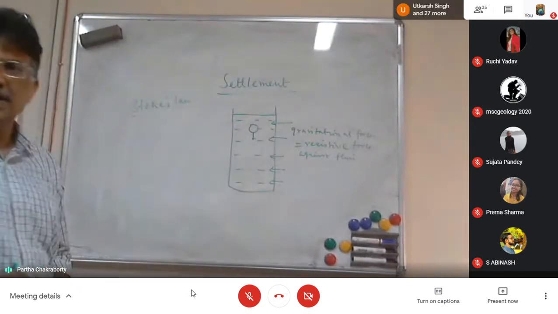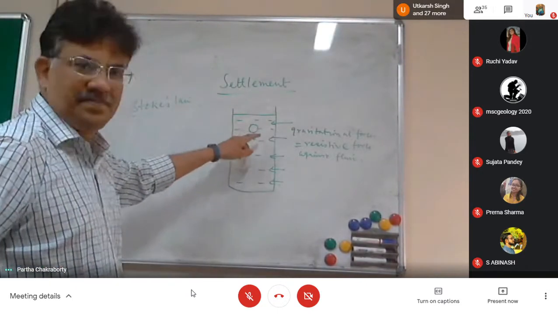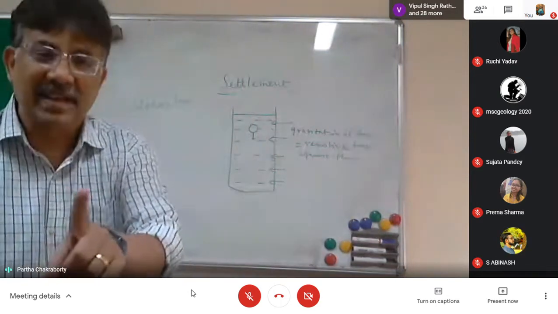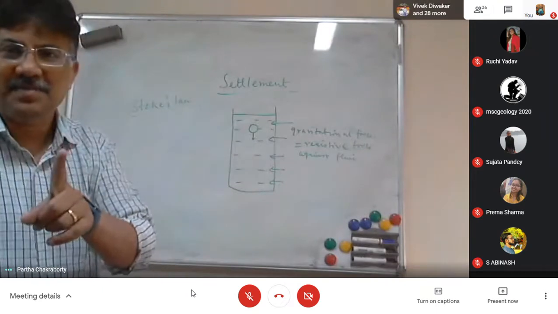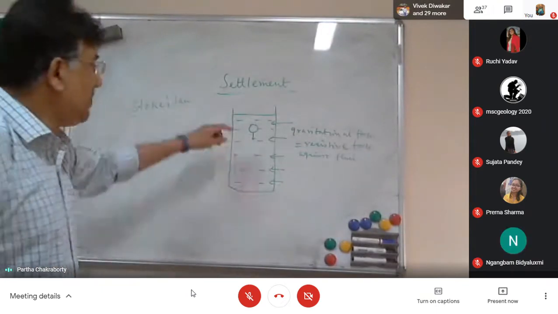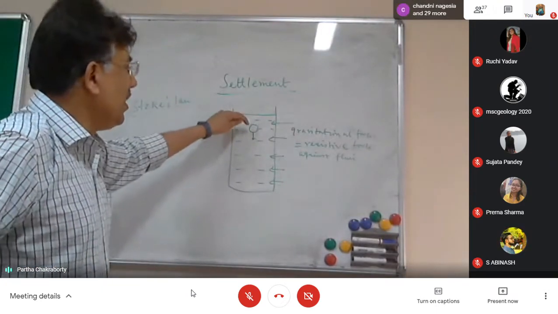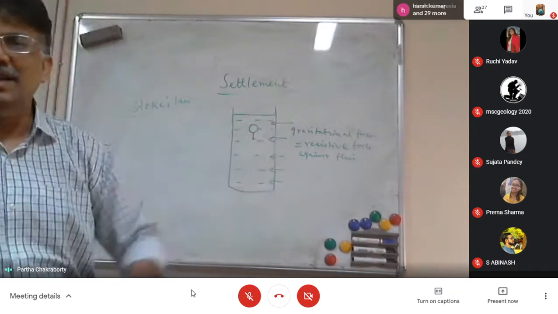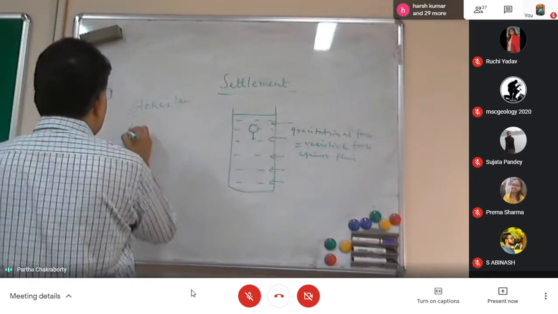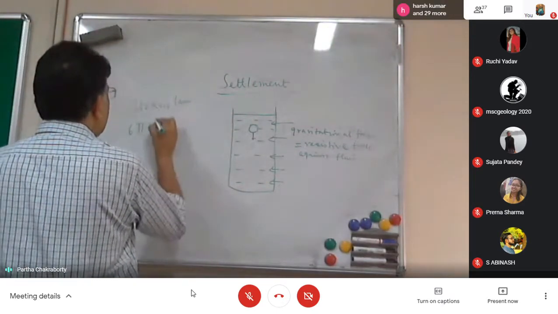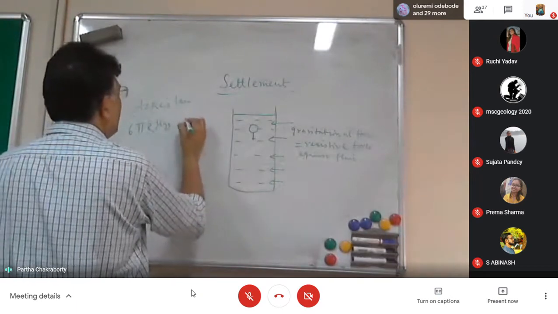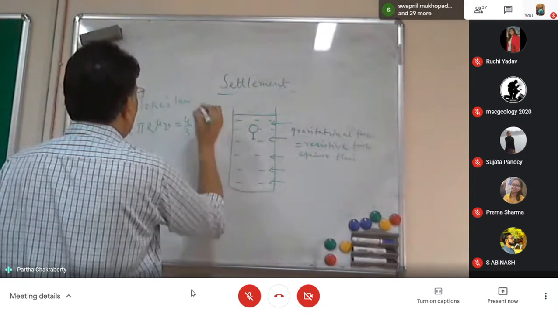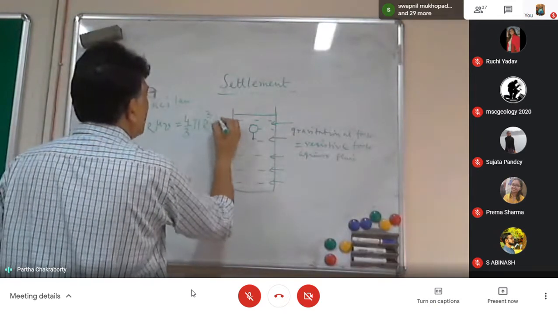Stokes law says that if a grain is settling through a homogeneous uniform solution and it is non-accelerating, then the equation is 6 pi r mu v equal to 4 by 3 pi r cube del rho g.